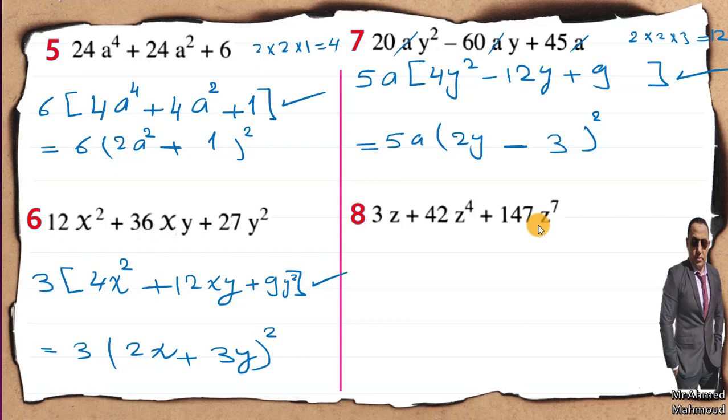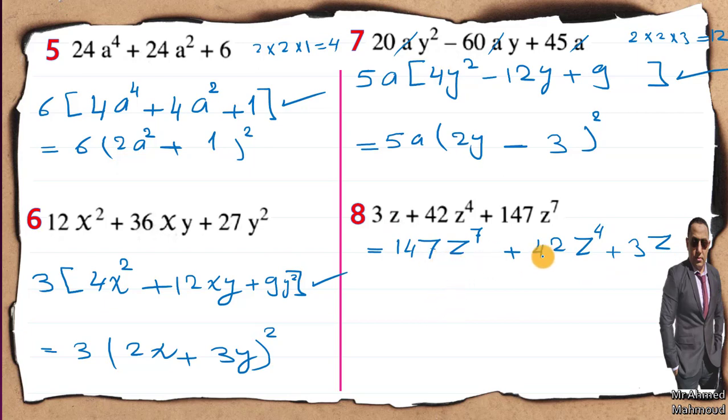But before taking the common factor, I have to arrange, because the order here is ascending, here z to the power 1, z to the power 4, z to the power 7. Okay, I'm going to arrange them in descending order, so it will be 147z to the power of 7, and in the middle positive 42z to the power 4, finally plus 3z.